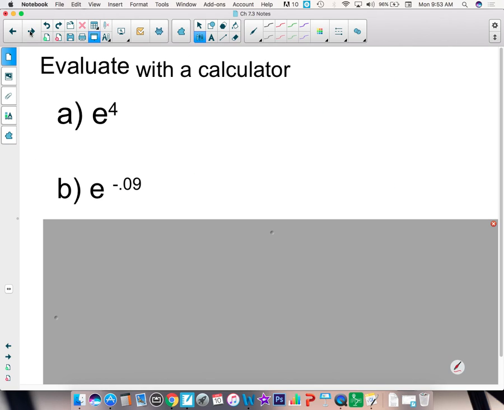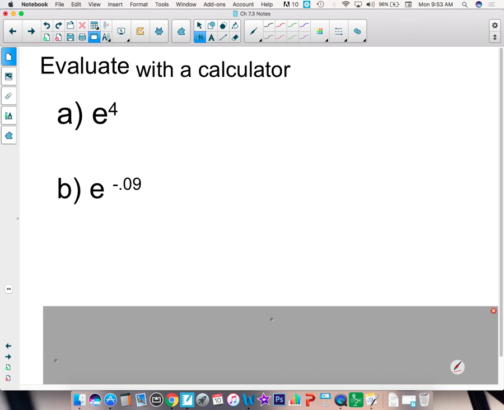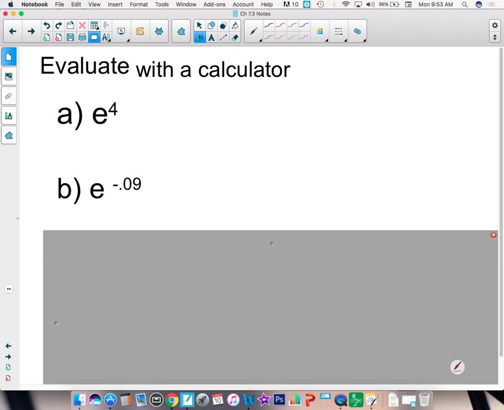Using that e to the x button, go ahead and punch those in your calculator quick. You would press second, e to the x, and 4. You don't have to write these down because it's pretty easy just using your calculator. E to the fourth is approximately 54.598.